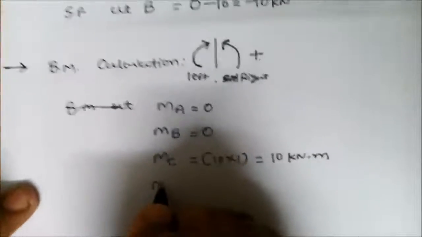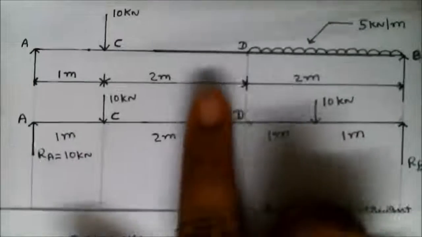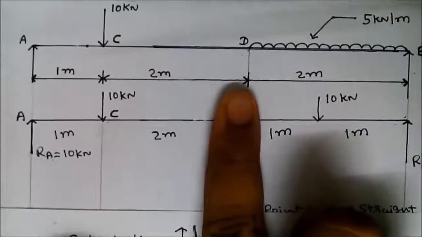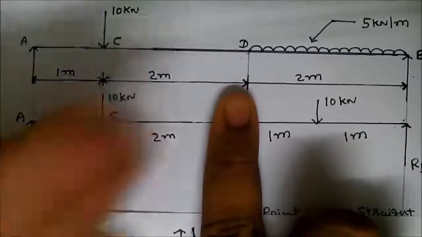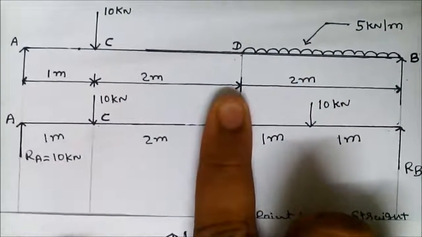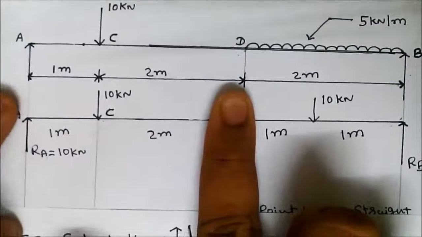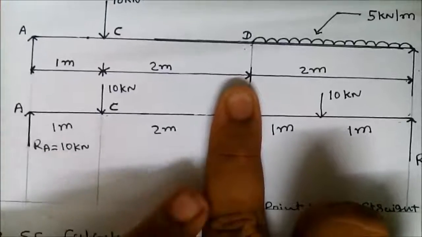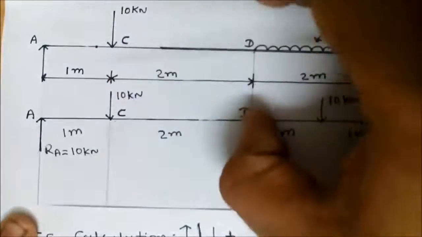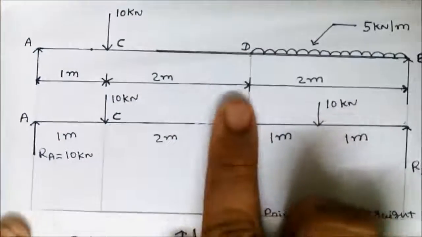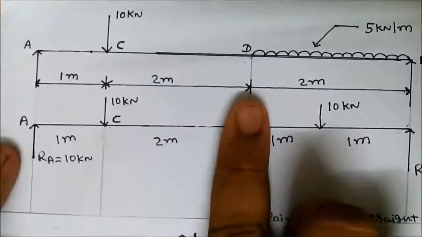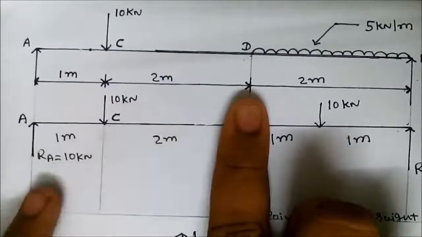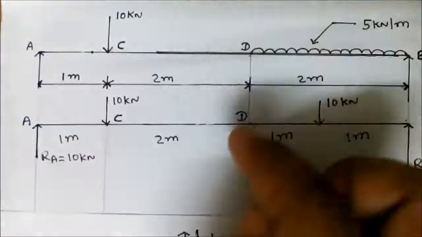Then finding bending moment at D. So again hide this point D, and on both sides the forces are equal, we take moment from the left side. So RA multiply perpendicular distance 3, and this moment goes in the clockwise direction. So clockwise direction means plus. So RA into perpendicular distance 3, so 10 into 3. And this other moment goes in the anti-clockwise direction, so minus.